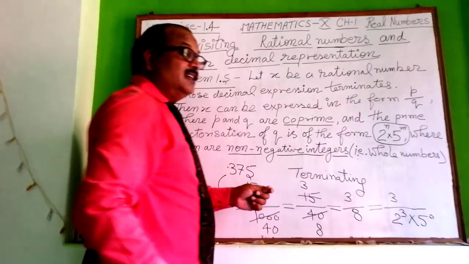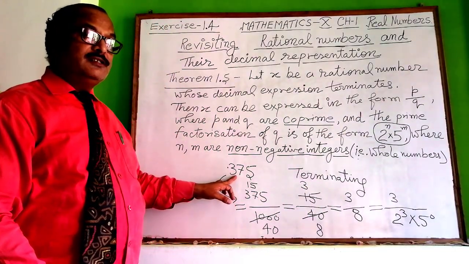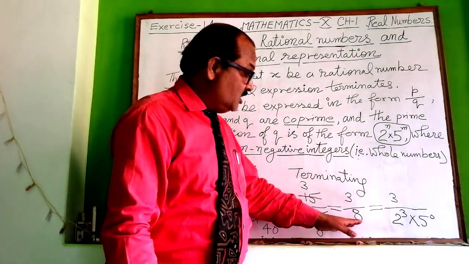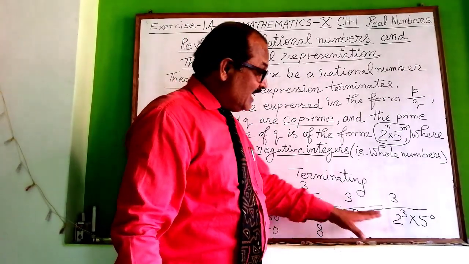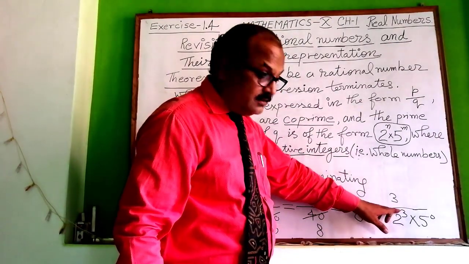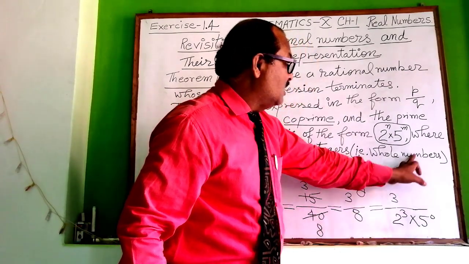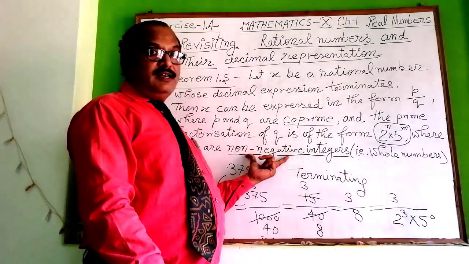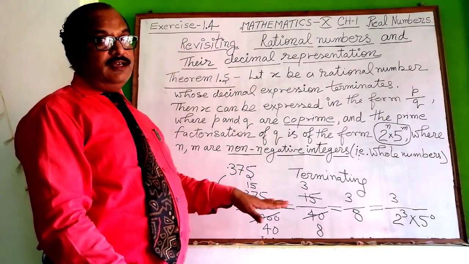You can see it is coming because this number terminates after 3 places of decimal, and its fractional representation, where numerator and denominator are co-prime, has a denominator of the form 2 raised to the power n into 5 raised to the power m, where n and m are whole numbers, or you can say non-negative integers. So students, the concept is clear, what this theorem is saying.